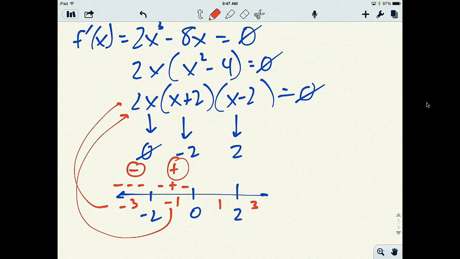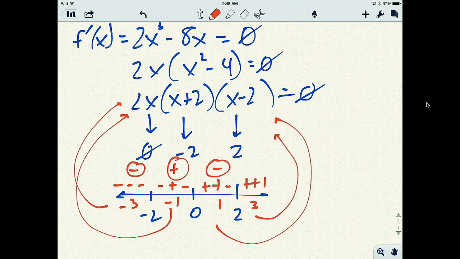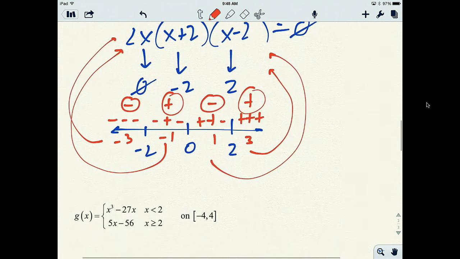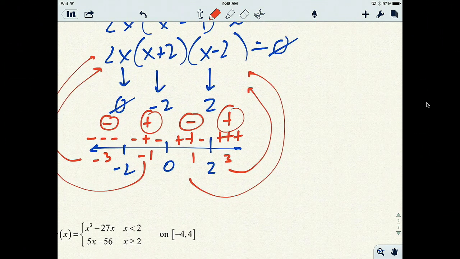If I plug in 1, I'm going to get positive, positive, and negative. That means this whole segment is negative. And if I plug in a 3, I'm going to get positive, positive, positive. This whole segment is positive. So this tells me about the possible min at -2.